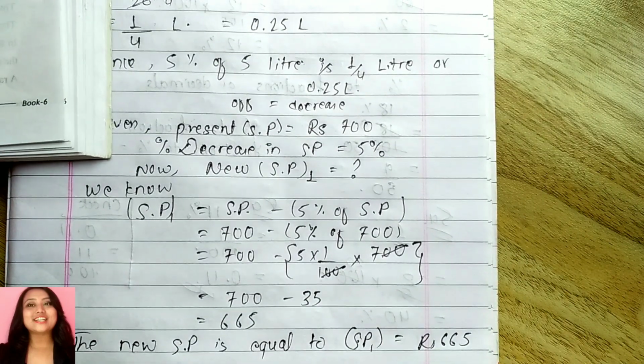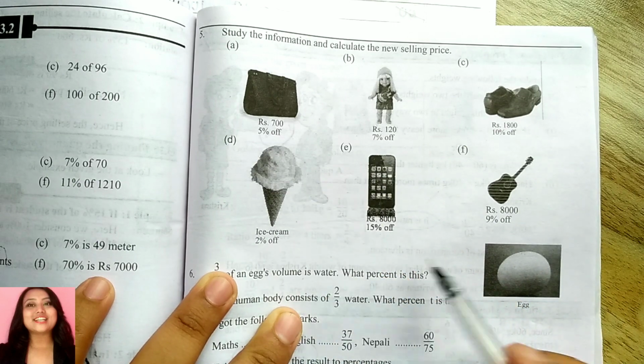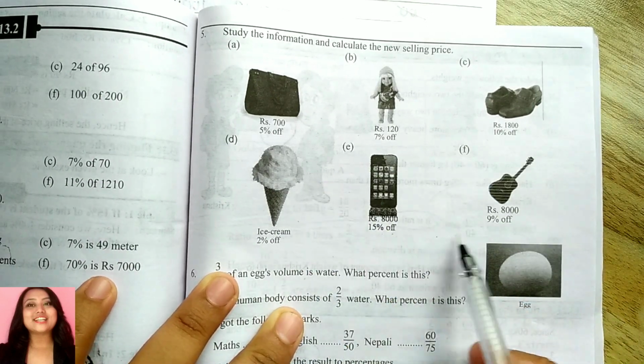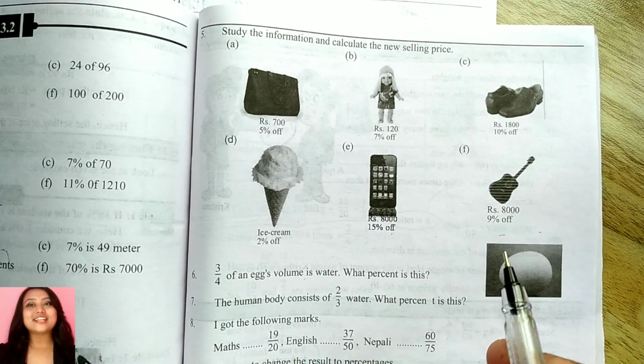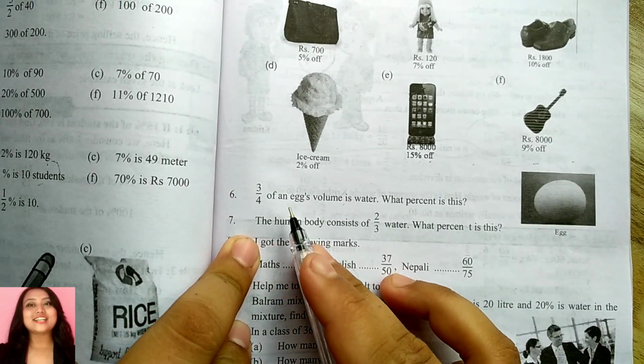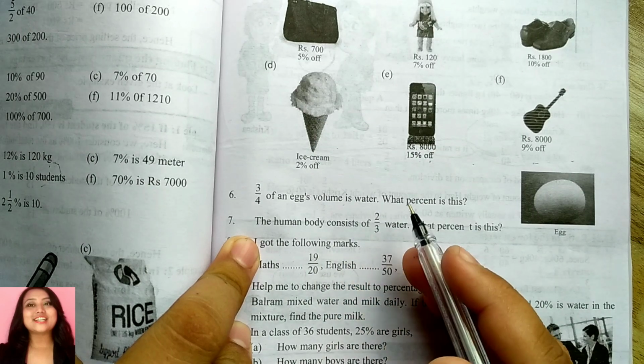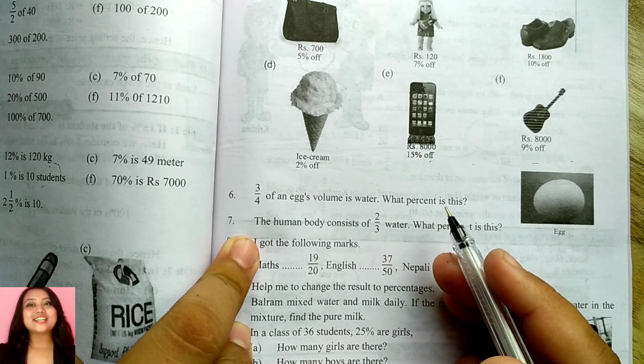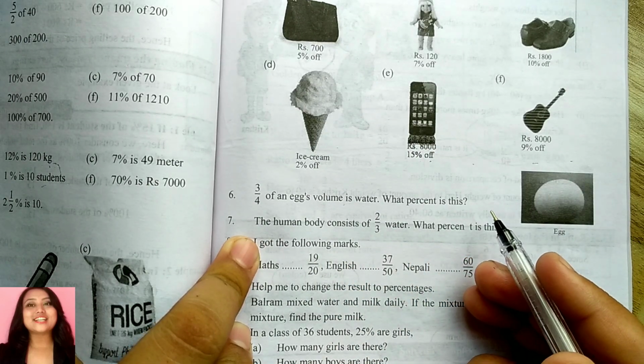Now here you can see in every question there is off written. That means you have to do the minus there. Now here you can see in question number 6, 3/4 of an X volume is water. What percent is this written?